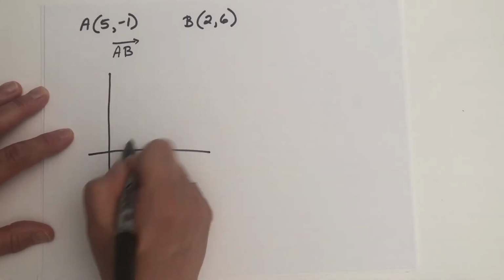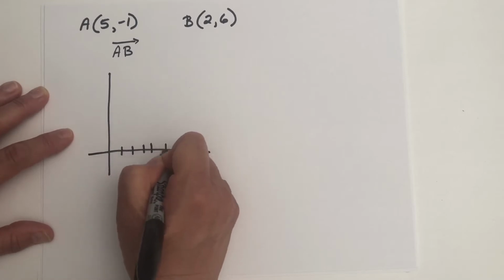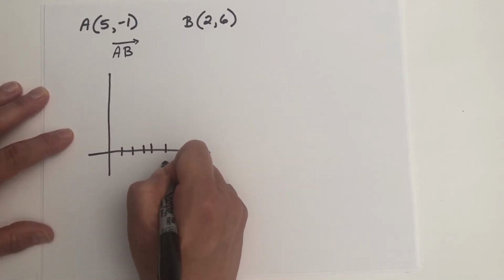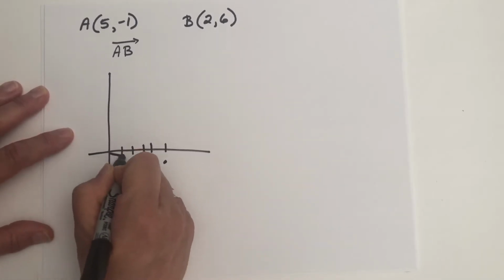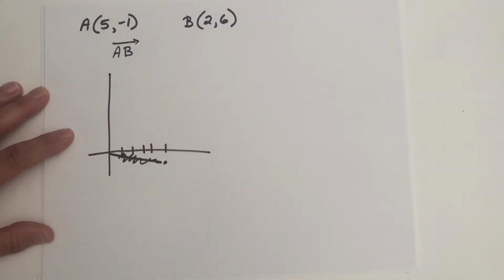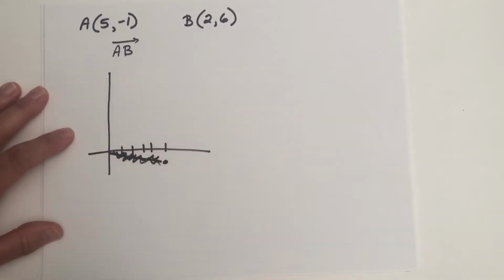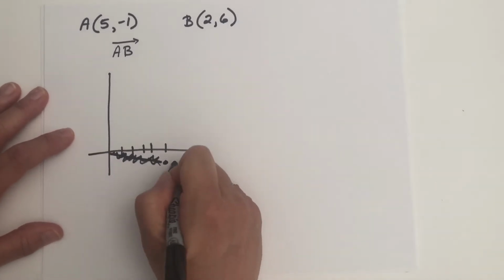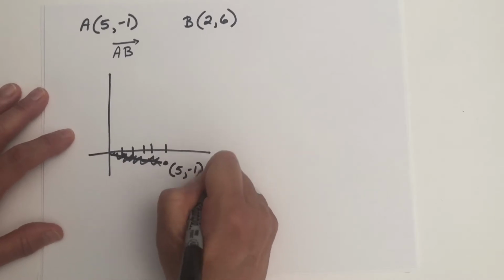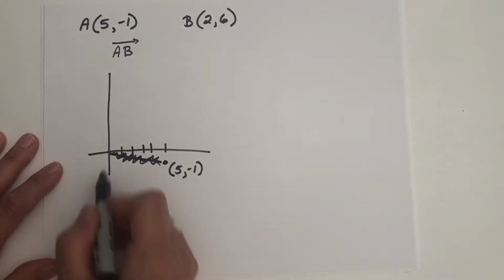We know (5, -1) is 1, 2, 3, 4, 5, -1. We don't want the vector there. We want the initial point there. Sorry. There's our initial point. It's the point (5, -1). That was not a vector. It's just a point. And its terminal point is at (2, 6).